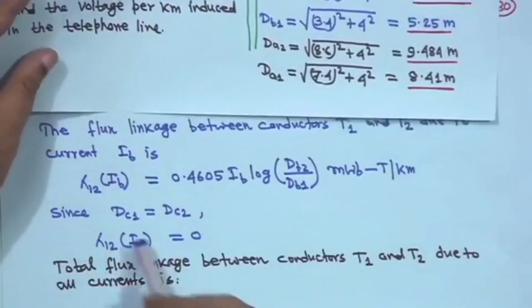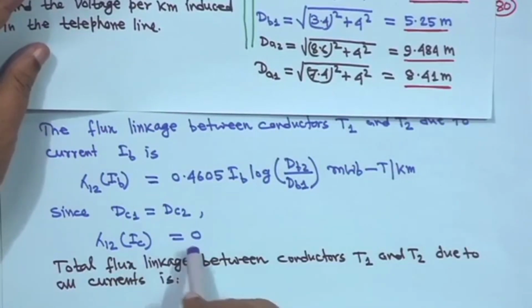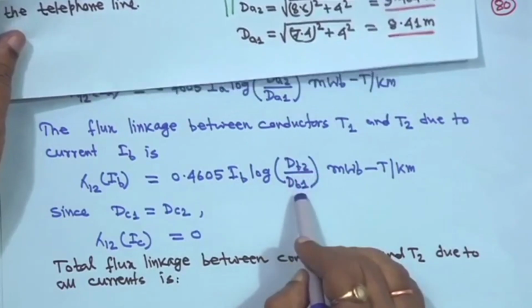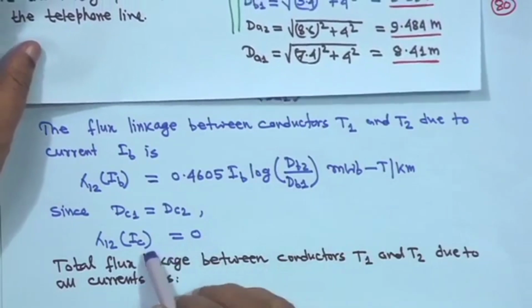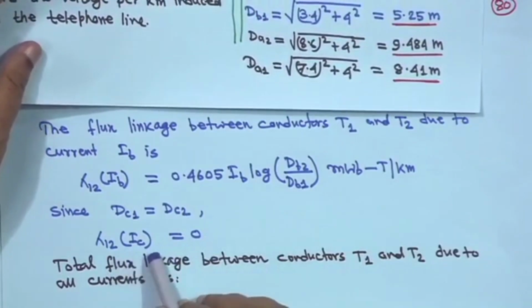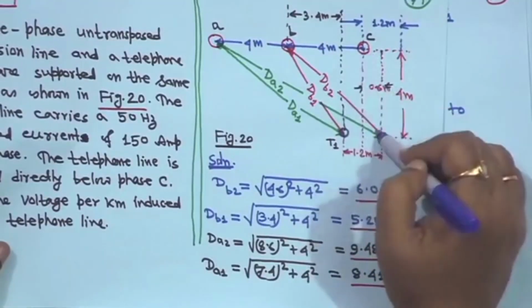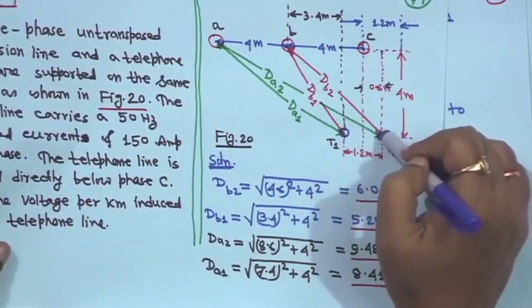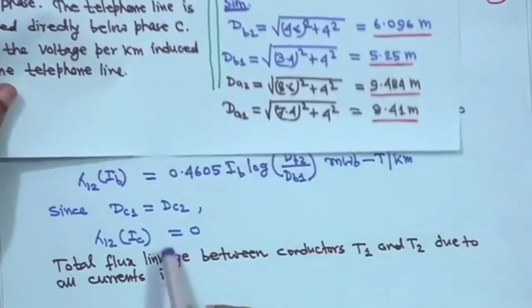Therefore, since DC1 is equal to DC2, lambda 12 due to IC will be 0, because it will be log DC2 upon DC1, but as DC1 is equal to DC2, it will be 0. So, directly we are writing that lambda 12 due to IC is equal to 0 from the symmetry only, because these two distances are the same, therefore it is 0, right.